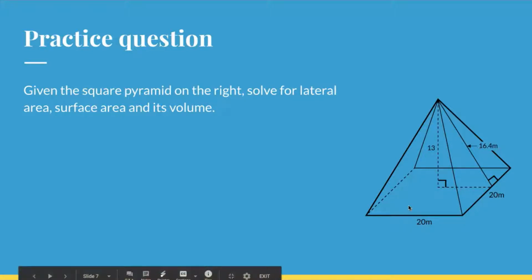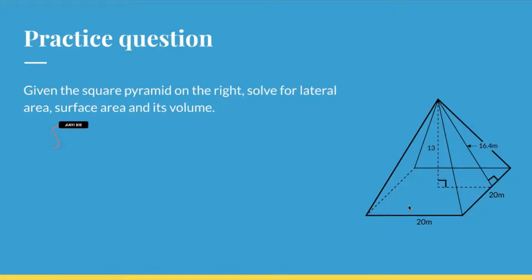Now let's solve for the surface area. The formula for the surface area is 1/2 times S times 4b plus b squared. Again, we're going to find all the values and plug them into the formula. S will be 16.4, b will be 20.